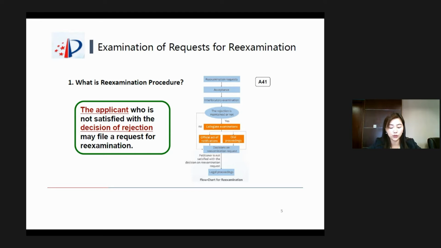Similarly, the application will be returned to the previous examining authority to continue the examination procedure. The third one, if the panel of the examiners still think that the response cannot overcome the defects pointed out, a decision of re-examination will be issued to sustain the final rejection. The applicant can file an appeal at the Beijing IP Court.